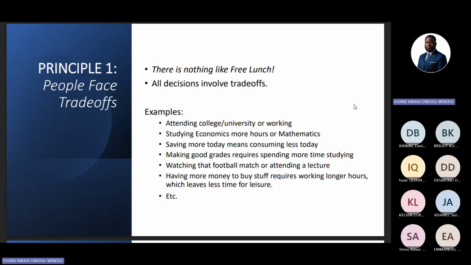Is the offer he's giving you enough to let go of or sacrifice the other opportunities? That's basically what the trade-off means, what happens in the exchanges when we talk about the trade-off in economics. And so examples: attending a college, a university, or working, studying economics.